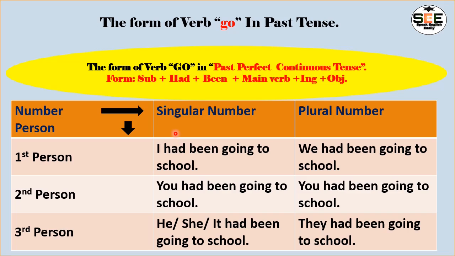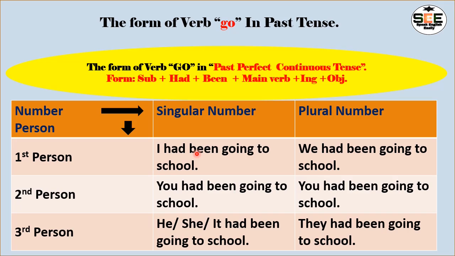So here we can understand: I had, it is perfect, right? Been, I had been, it makes the perfect tense, and going to school, here it's continuous, right?